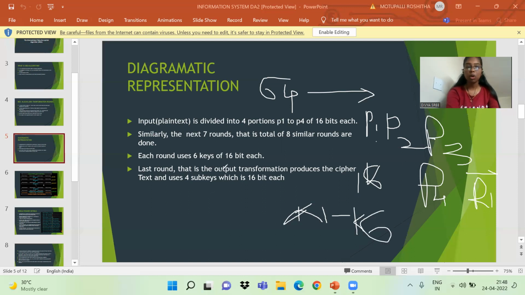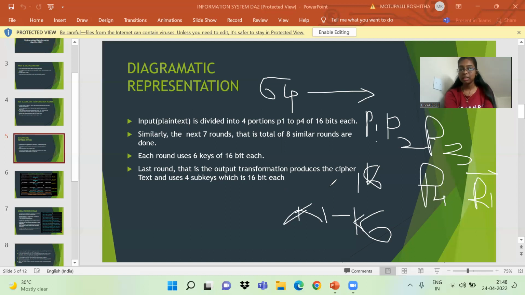The last round, that is the output transformation, produces the ciphertext and uses 4 subkeys. Here we have discussed that we will be using K1 to K6 for each and every round, so there will be 6 subkeys for each round. But the 8th round only needs 4 subkeys, so we will be left over with 2 subkeys.